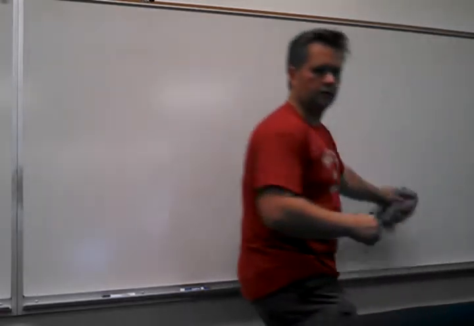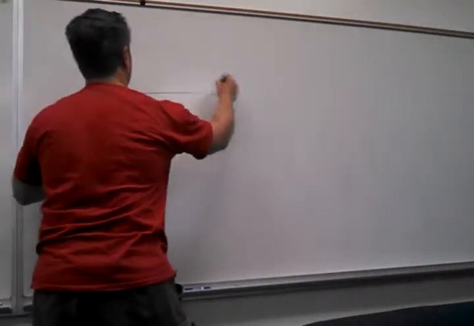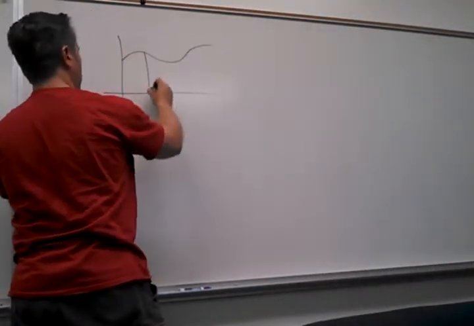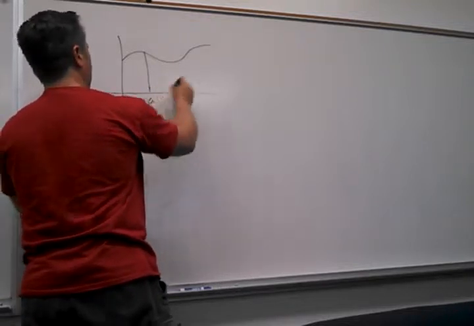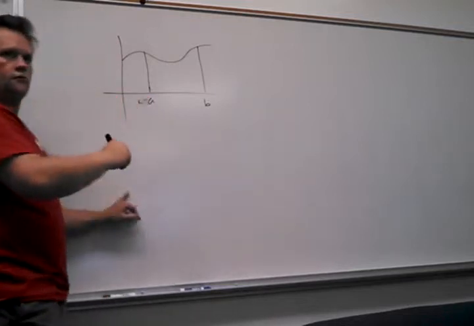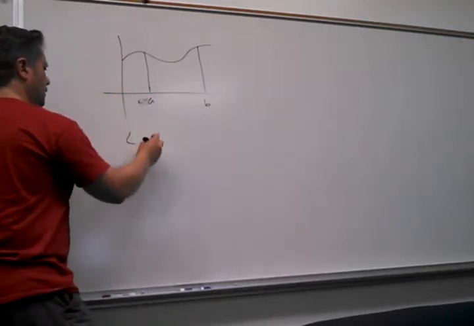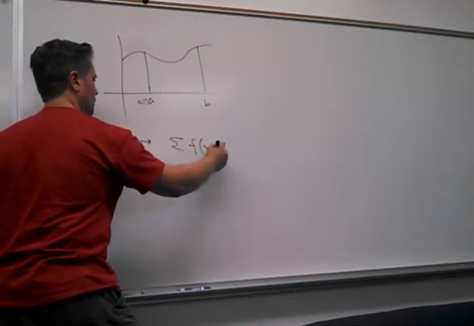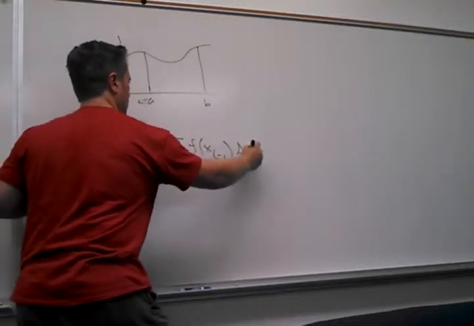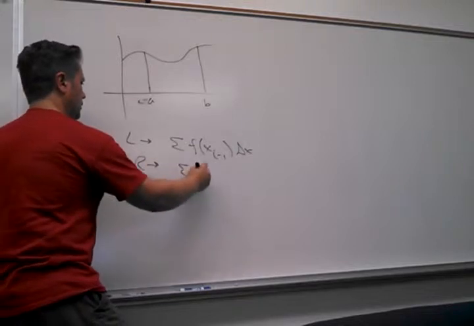So if I have some function, and I want to go from A to B, the left endpoint would start here, and the right endpoint would start there.